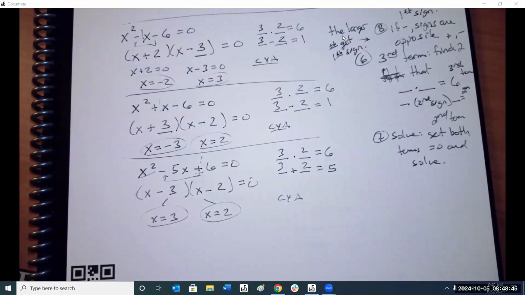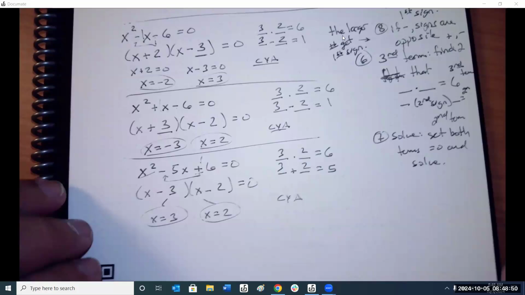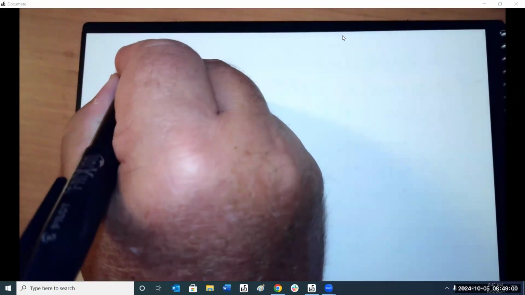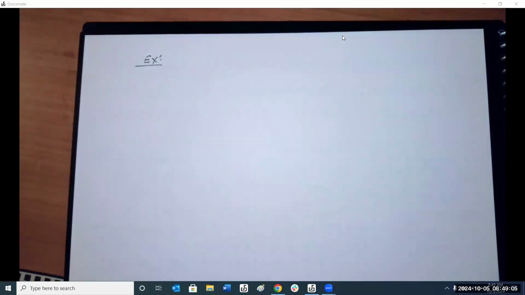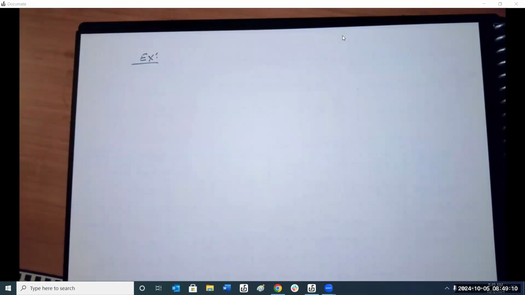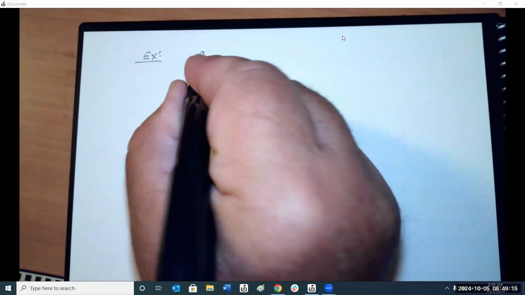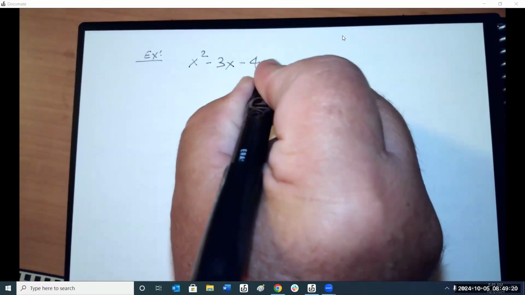Right, so that's the procedure of factoring. So let's look at some examples. What if we had x squared minus 3x minus 4?